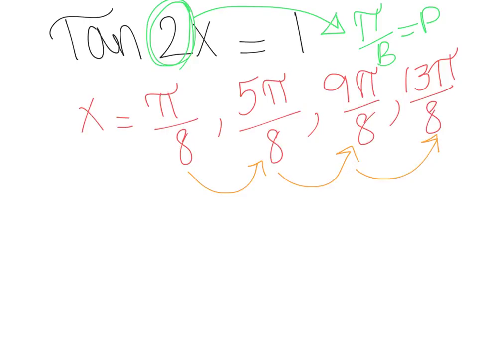So 4 pi over 8 is pi over 2. So I'm basically just adding 4 to the top number. If I added another 4, I would have been at 17 pi over 8. 17 pi over 8 is bigger than 2 pi, because 2 pi is 16 pi over 8. That gives me 2 pi. So these are the answers between 0 and 2 pi for tangent.